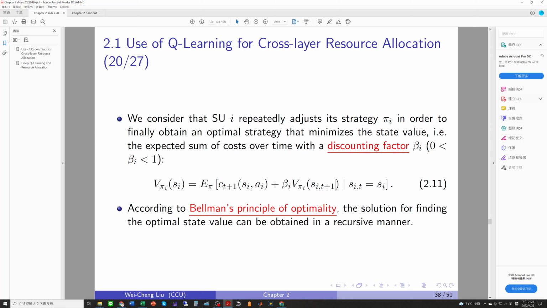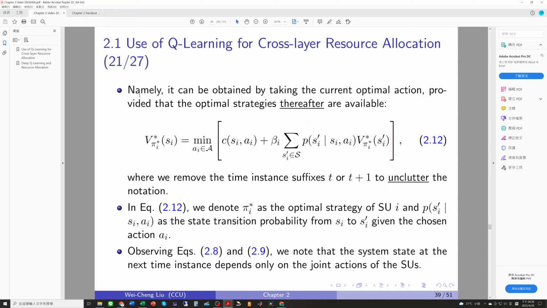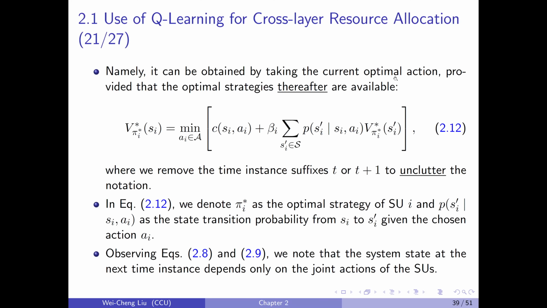So you can see that it is a recursive function or recursive equation. Namely, it can be obtained by taking the current optimal action, provided that the optimal strategies thereafter.